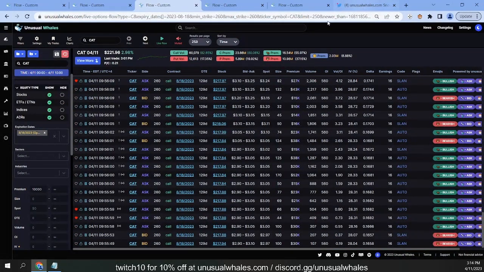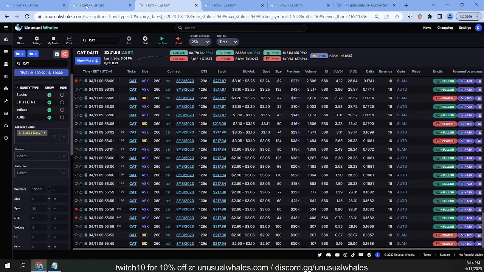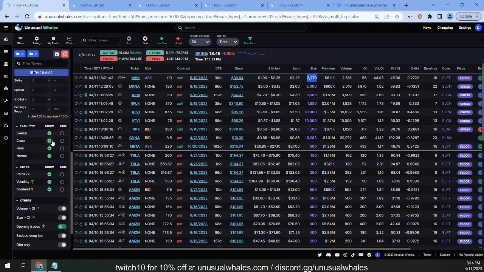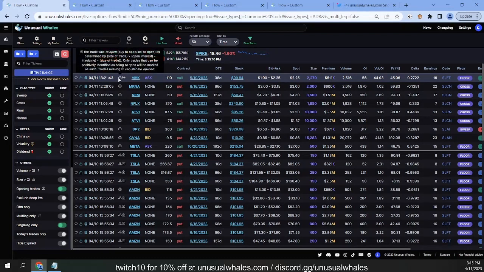A concept that I always talk about is the opening trade activity that you need to be able to identify, and it's not always obvious, right? Sometimes there's a little icon, and in this case it is obvious, simply because of mathematics. The mathematics just happen to line up in which there is no possible way that this is not an opening trade.